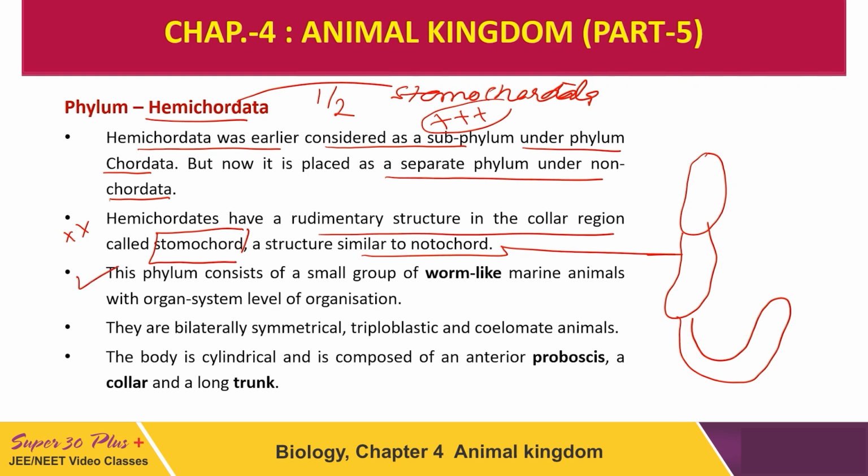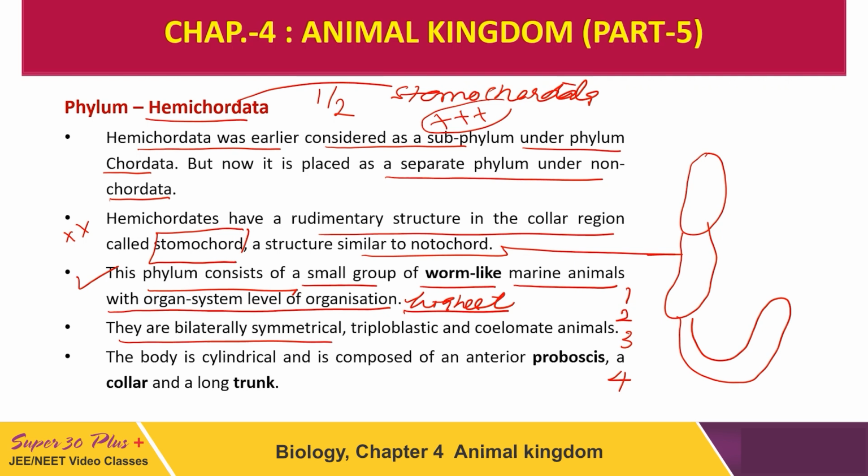This phylum consists of a small group of worm-like marine animals, and they have organ system level of body organization. This is the highest level of organization found in animals. The first is cellular, the second is tissue, the third is organ grade, and the fourth is organ system level.